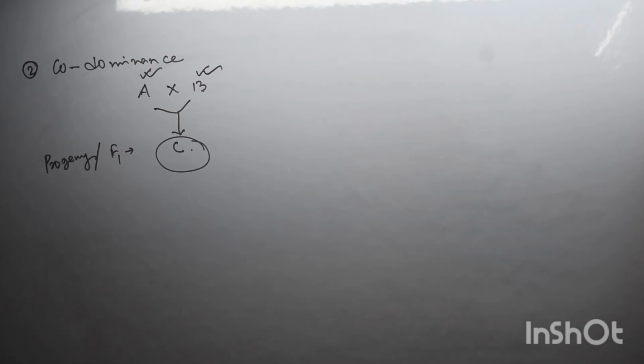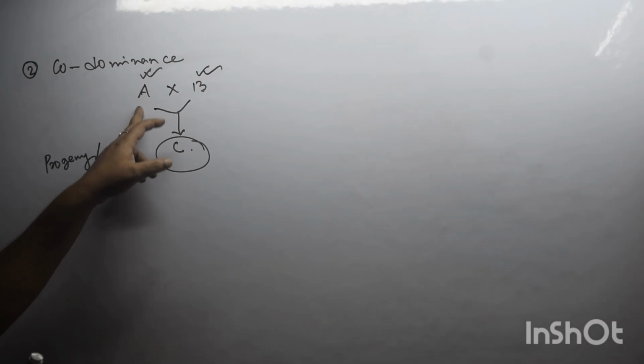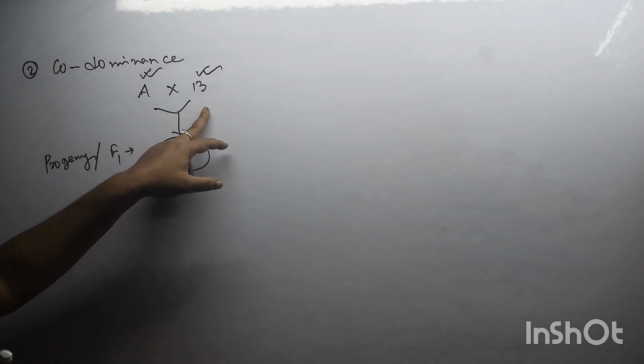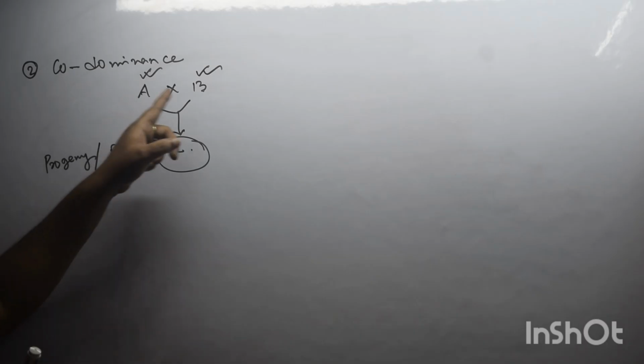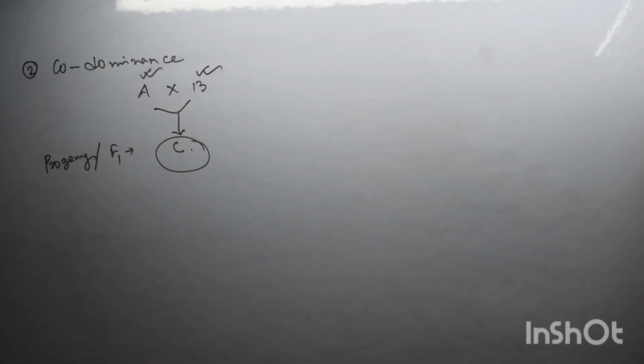Now, what is the basic difference between incomplete dominance and codominance? In case of incomplete dominance also, neither parent A or B becomes dominant or recessive. In case of codominance also, neither parent A or B becomes dominant or recessive. So what is the difference between them?